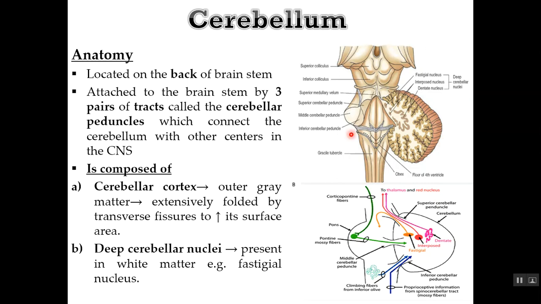Again, in brief, the anatomy of the cerebellum. It is located at the back of the brainstem, attached to the brainstem via three cerebellar peduncles: superior, middle, and inferior.